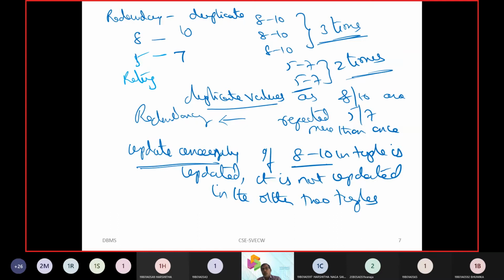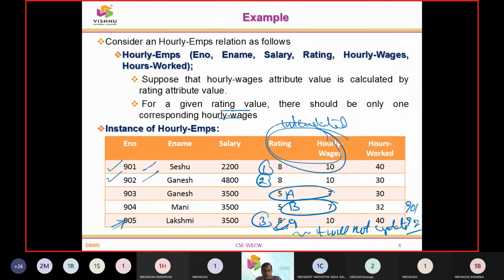But as per the rule, what was it telling? The rating value should be only one corresponding to the hourly wages.